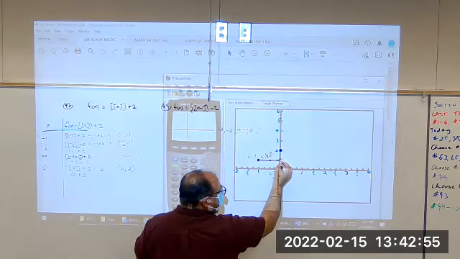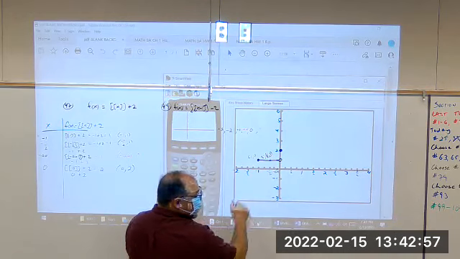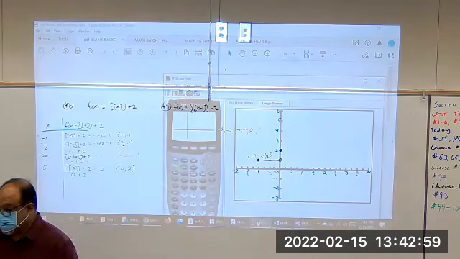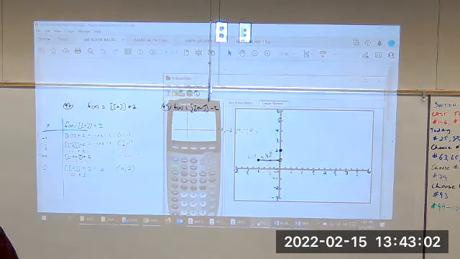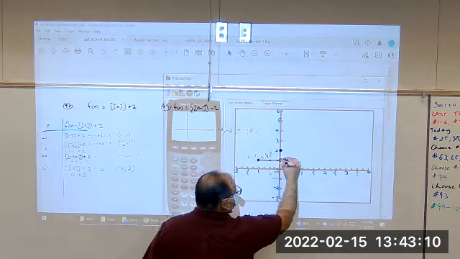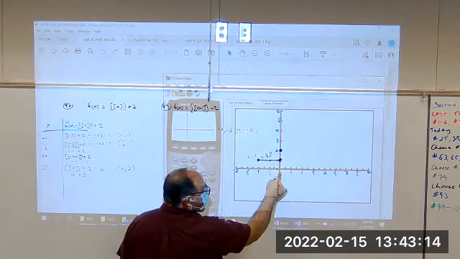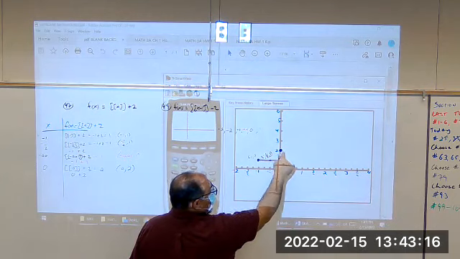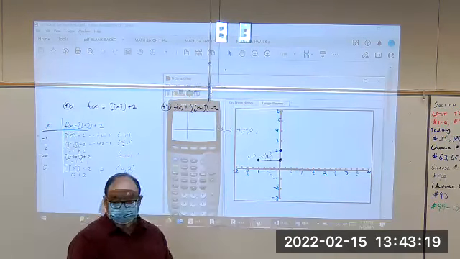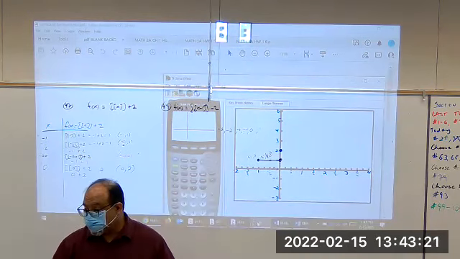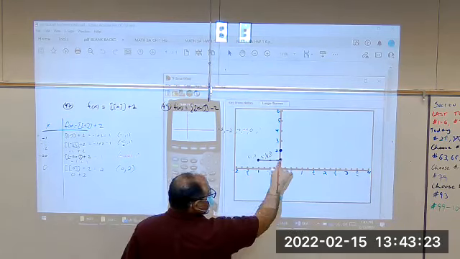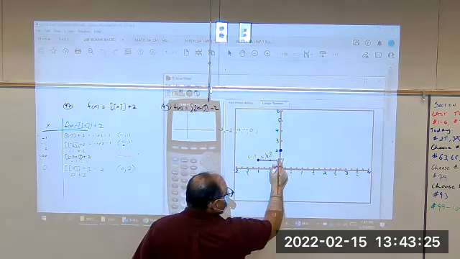At the end of this step, you have an open circle, because the next step takes over at 2. You can't have 2 closed circles. If you have 2 closed circles, that means when we plug in 0, the answer here is 1 and the answer up there is 2. We get 2 different answers, and that's no longer a function. So it can only have 1 answer.